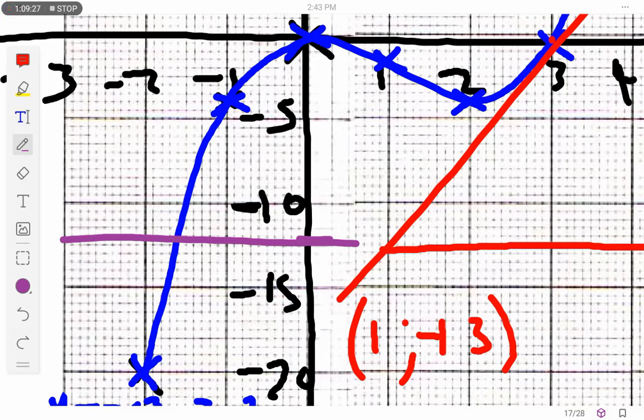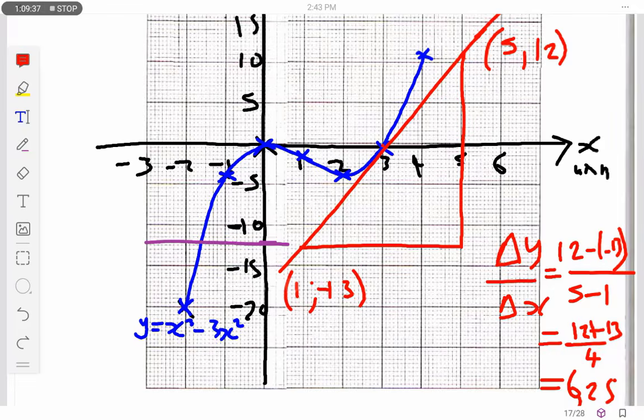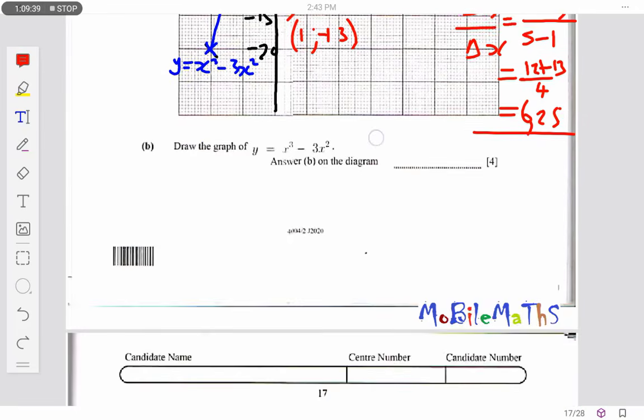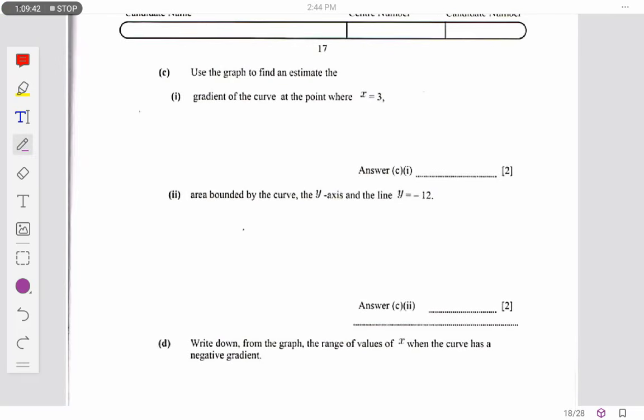It's not 2 over 3. So I can say it's like 3 over 5. Let's take 3 over 5. So I have 2. So I can say the area is going to be equal to 2 and 3 over 5 square units. Okay. So these are the square units there. This is the area approximately.